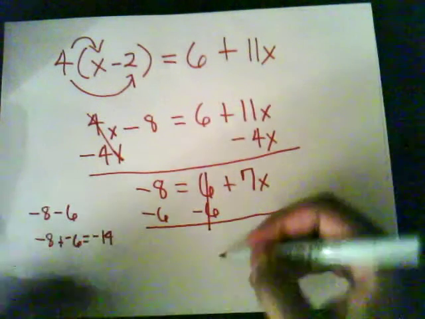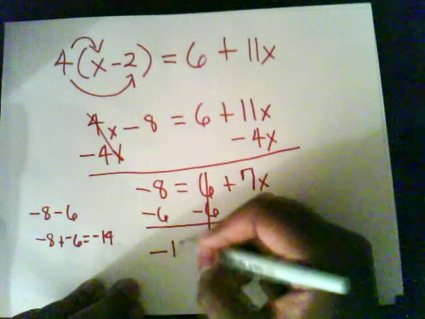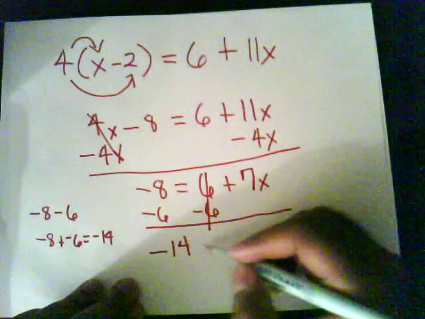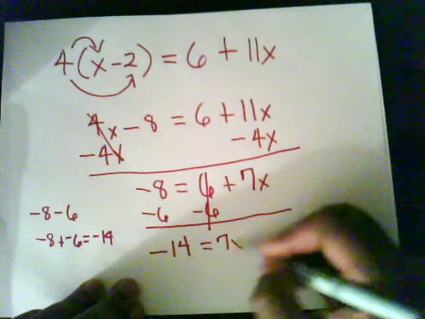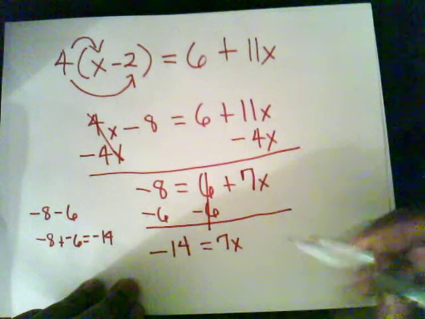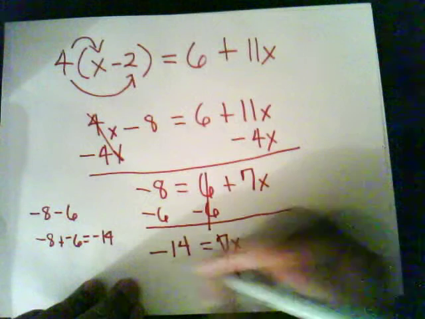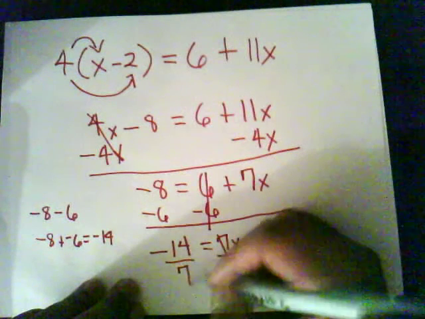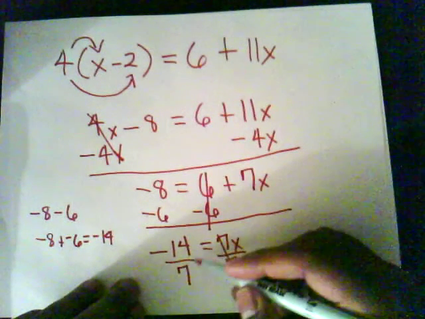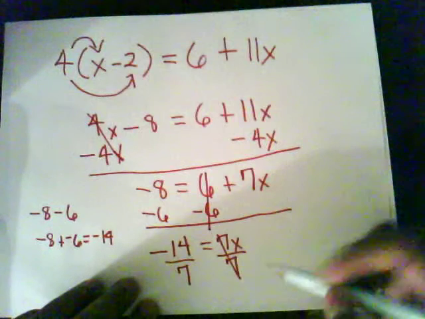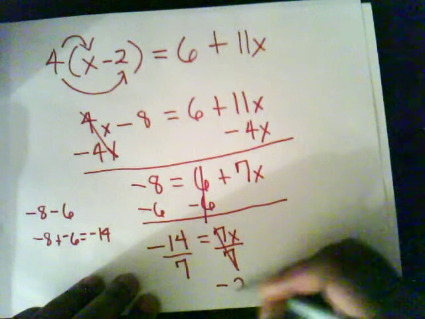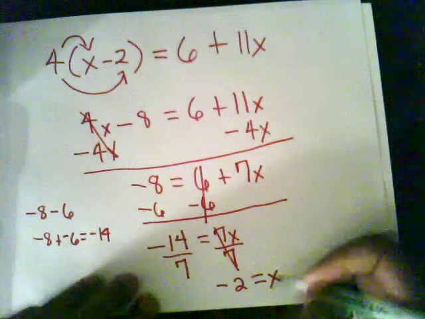So now we have negative 14 equals 7x. Once again, this is now a one-step equation. Divide by 7, divide by 7, and negative 14 divided by 7 is negative 2. Negative 2 equals x.